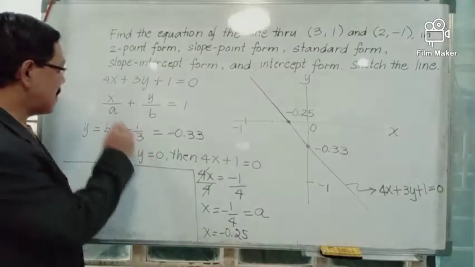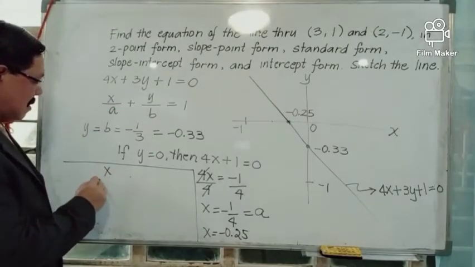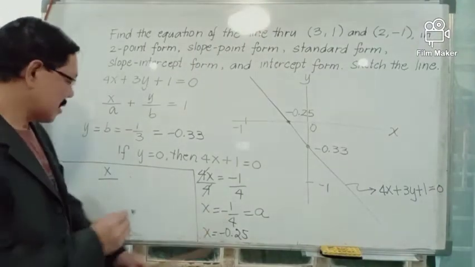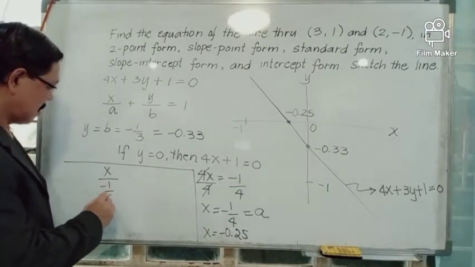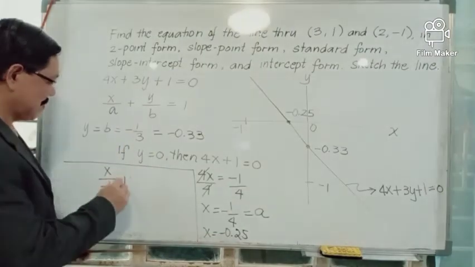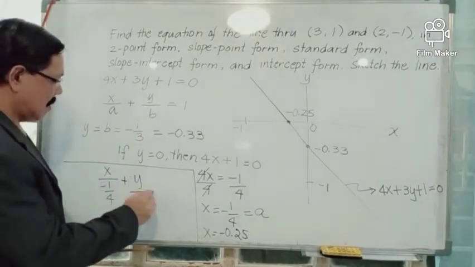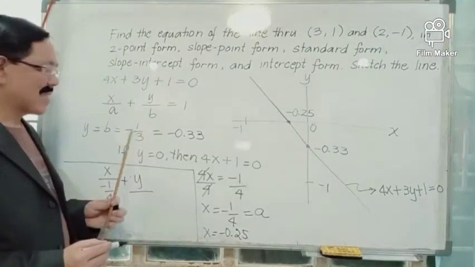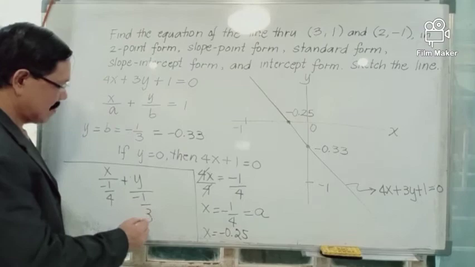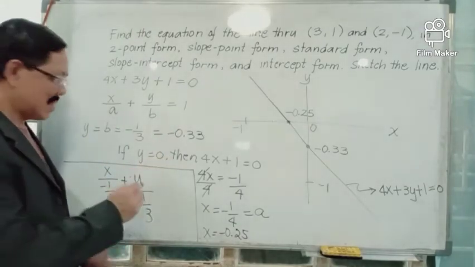Thus, we have x over A, negative 1/4, plus y over B, negative 1/3, equals 1.